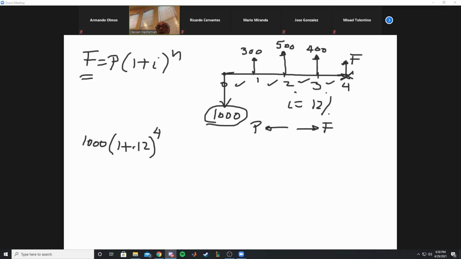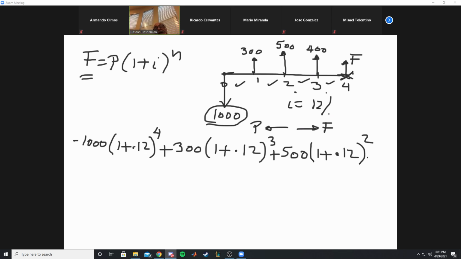And then I have to take, and this is the negative, $300 to the future. So I do the same thing, and that is for 3 years. 300 goes for 3 years to year 4. And then I take 500 and I take it to future.